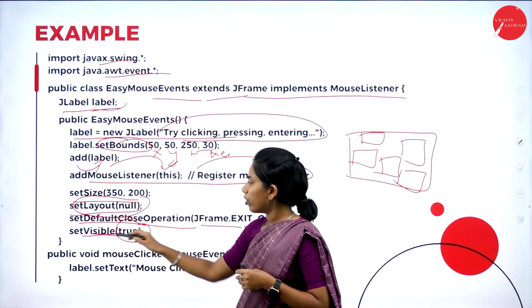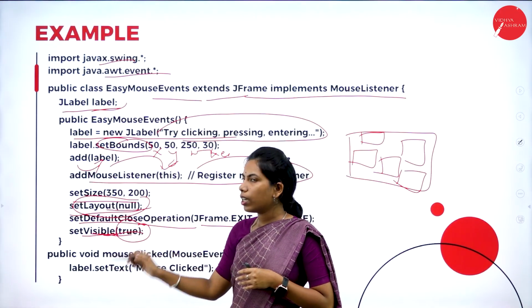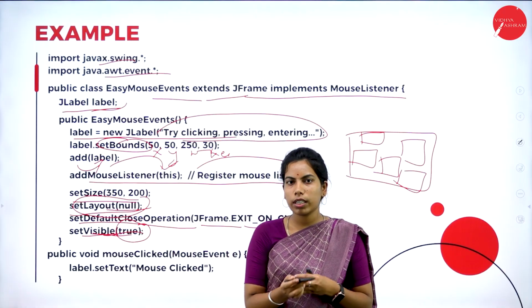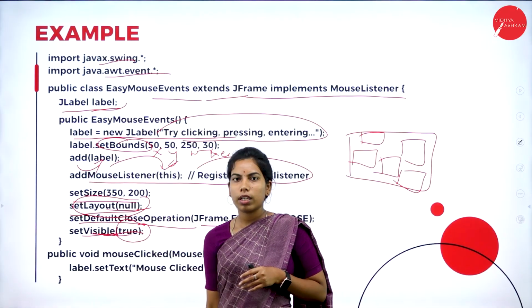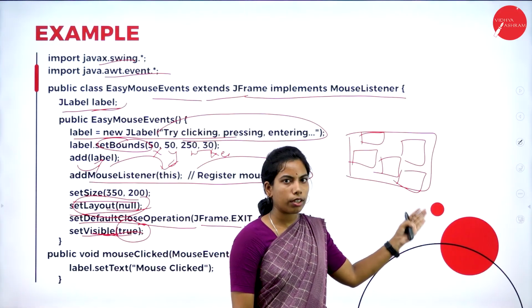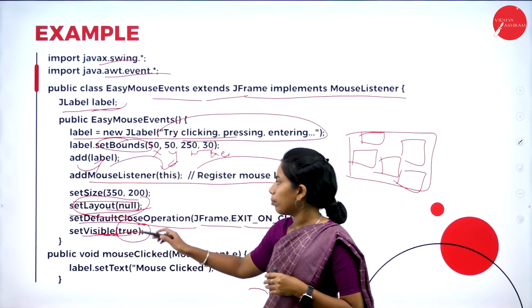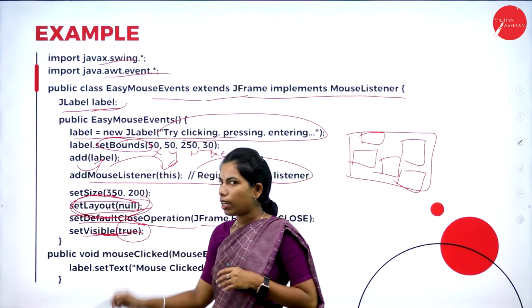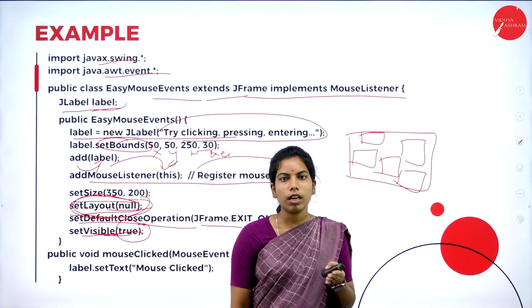It will place it wherever needed because I have not set the layout. In the next session you will get to know what exactly the layout means: it can be left or right, upper, middle or center, or downwards. But here I set a null object to setLayout, so it can be placed anywhere in the frame.